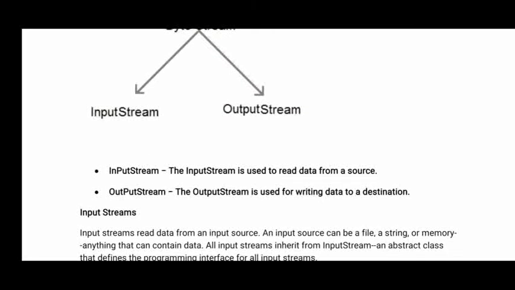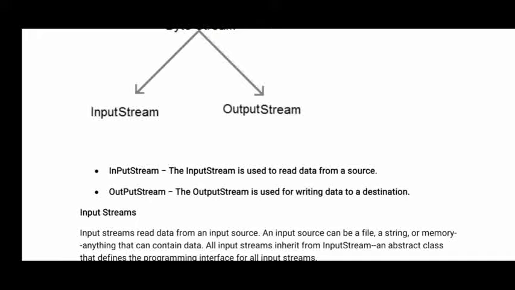Output stream means, for example, as already said, my name is ABCD. First I took it from a user at runtime. The user gave it as input at runtime. The same example I want to display on the screen. So in the case of the output stream, the data is going from our source program to the console. So that is nothing but the output stream.